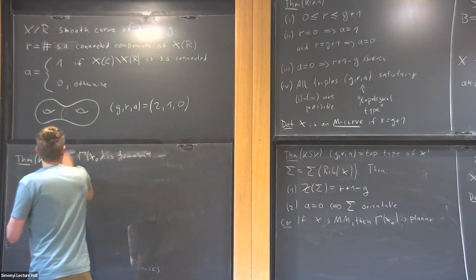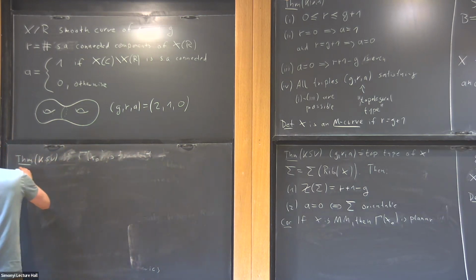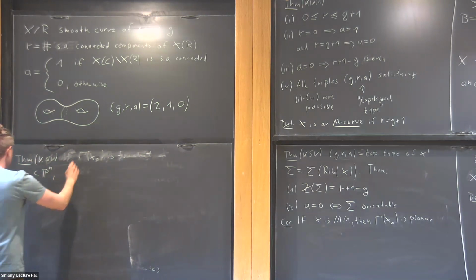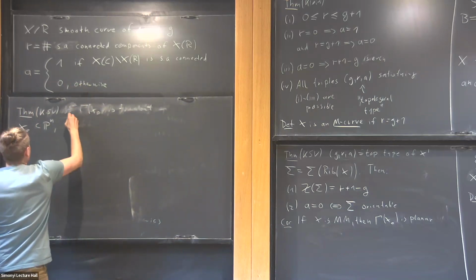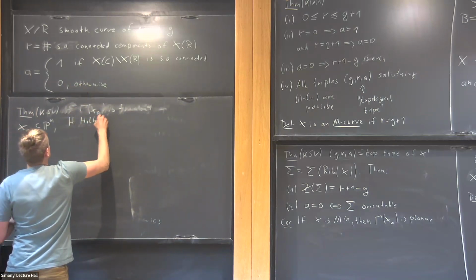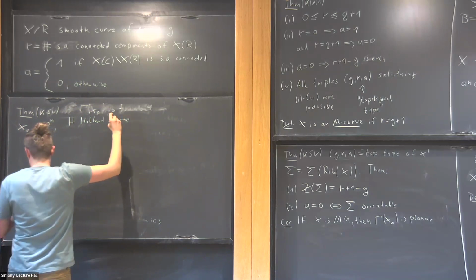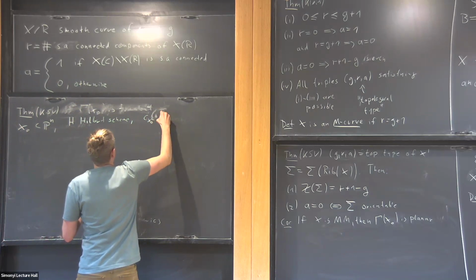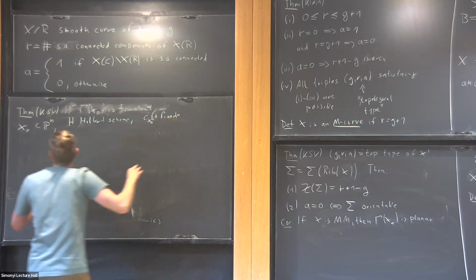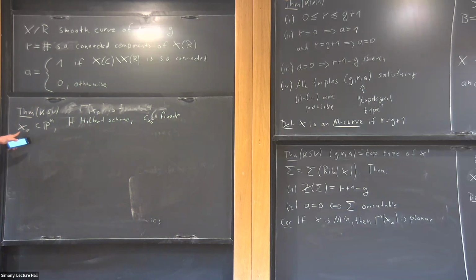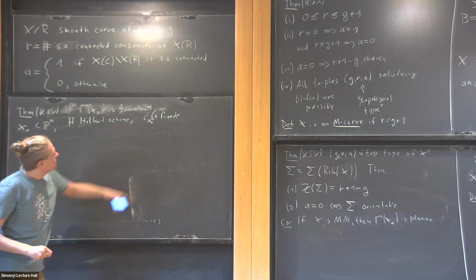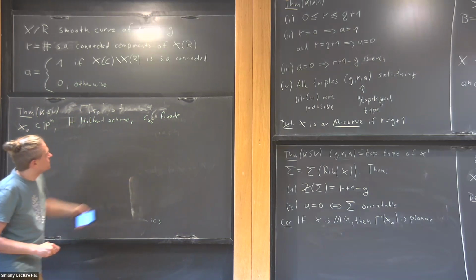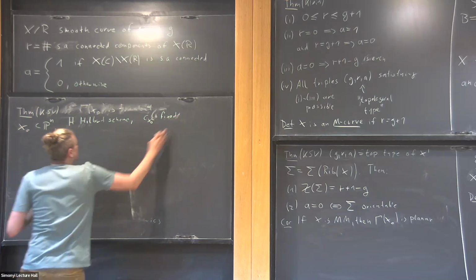Oh, not yet, sorry. So we assume the singular curve is embedded in Pn. And H should be the Hilbert scheme, and we fix some orientations on the components of X0, which gives us these cyclic orderings.